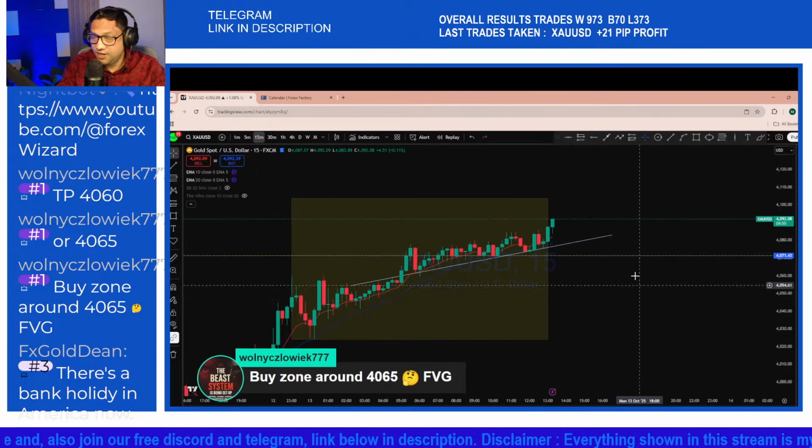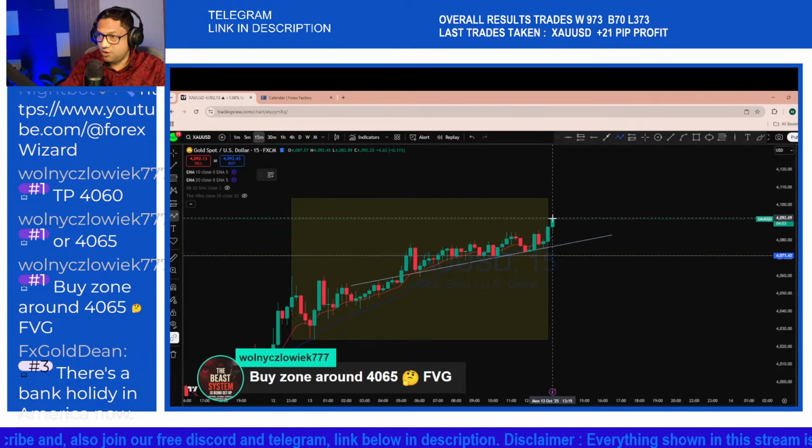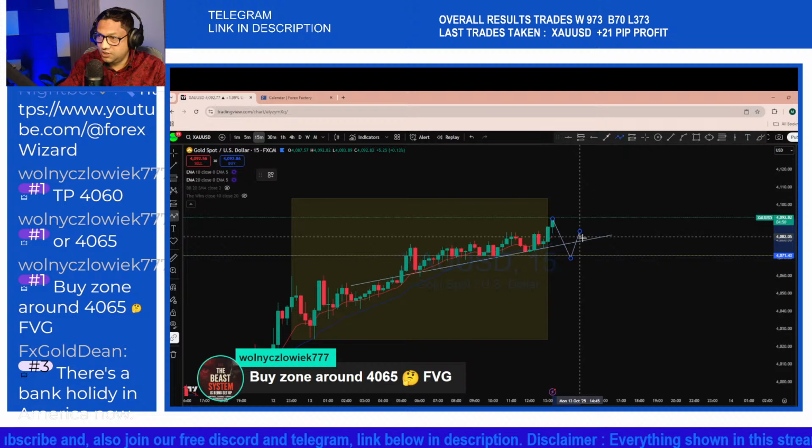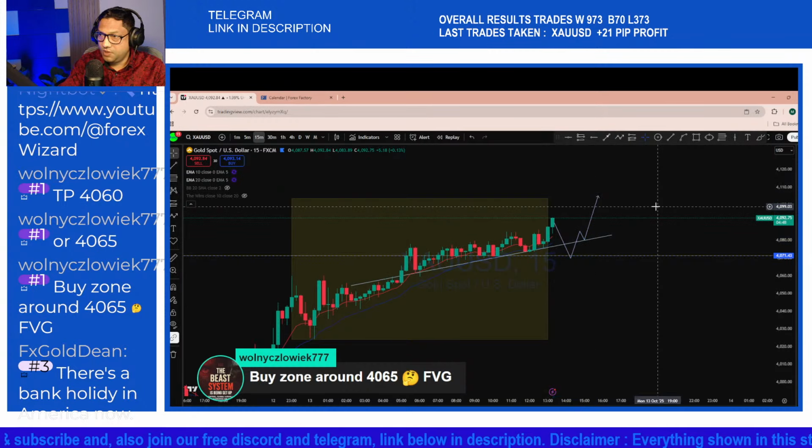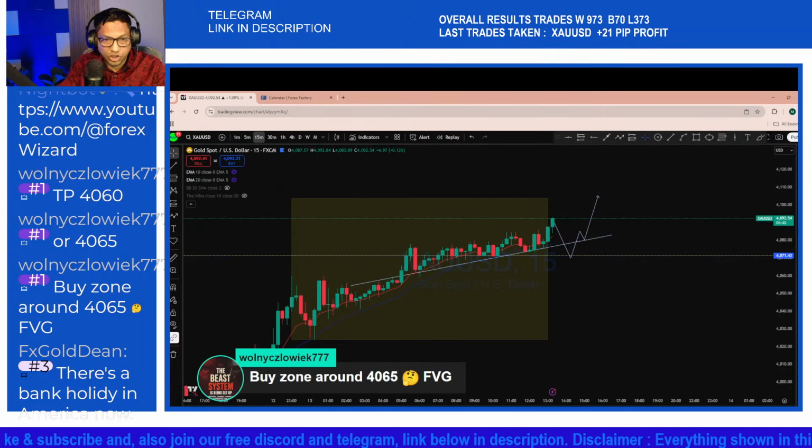And from the trend line, we see the price break that low, retest, and then return again back to the upside here, breaking to the upside with potentially further momentum in this market.